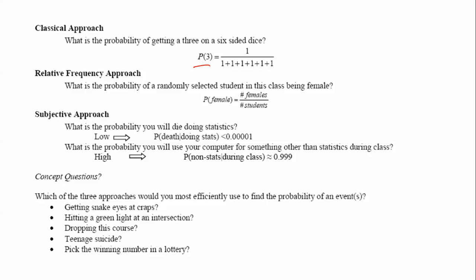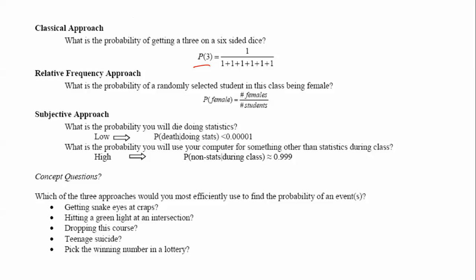In this example, what is the probability of randomly selecting a student in this class, and that student being a female? Well, I really don't know exactly what that outcome would be, but I could count up the number of students and count up the number of females and get a relative frequency.